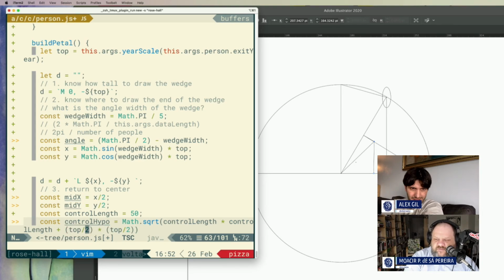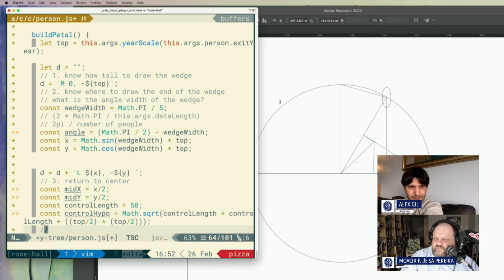I mean, I'm probably overdoing it with these parentheses, but whatever. Never hurts. So that's the length of this, and then we still need to calculate this angle.